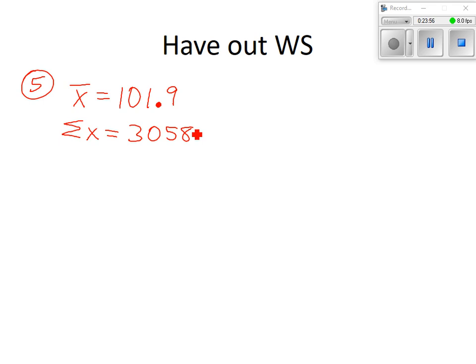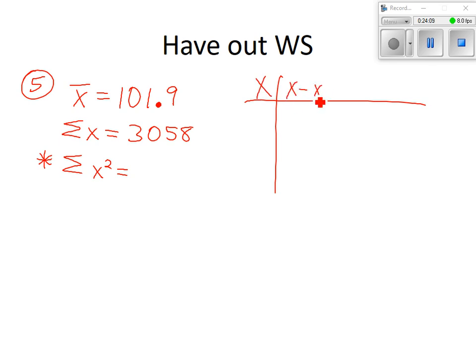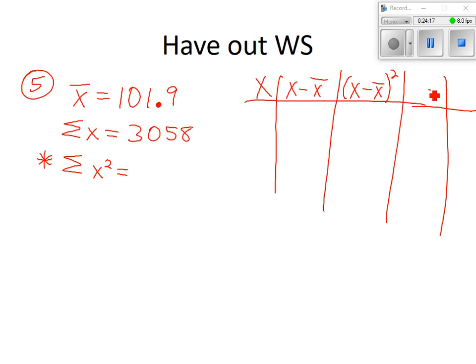Next thing, this is going to be important. We haven't talked about it yet, but in our chart we have our X, we have our X minus X bar, squared. Some of the other columns we're going to add on to it, one of them is going to be X squared.